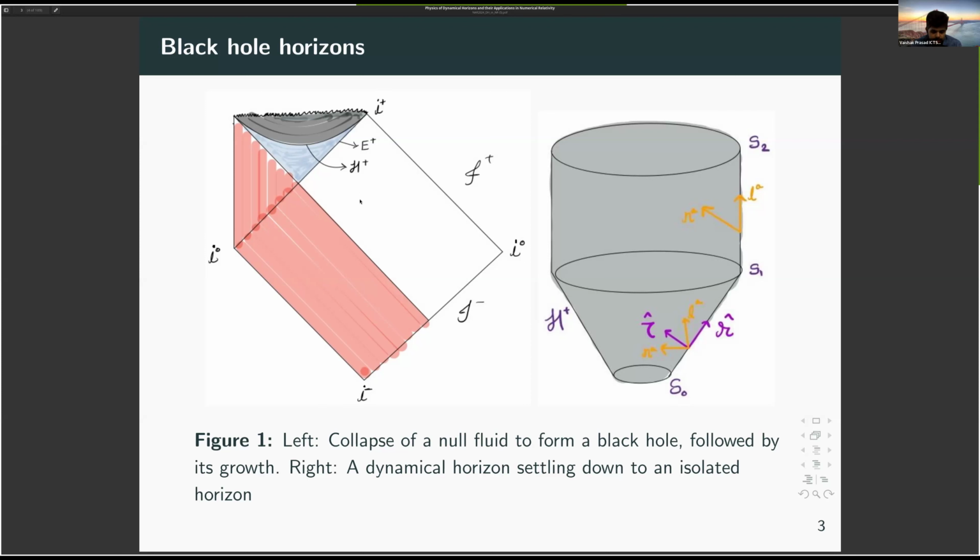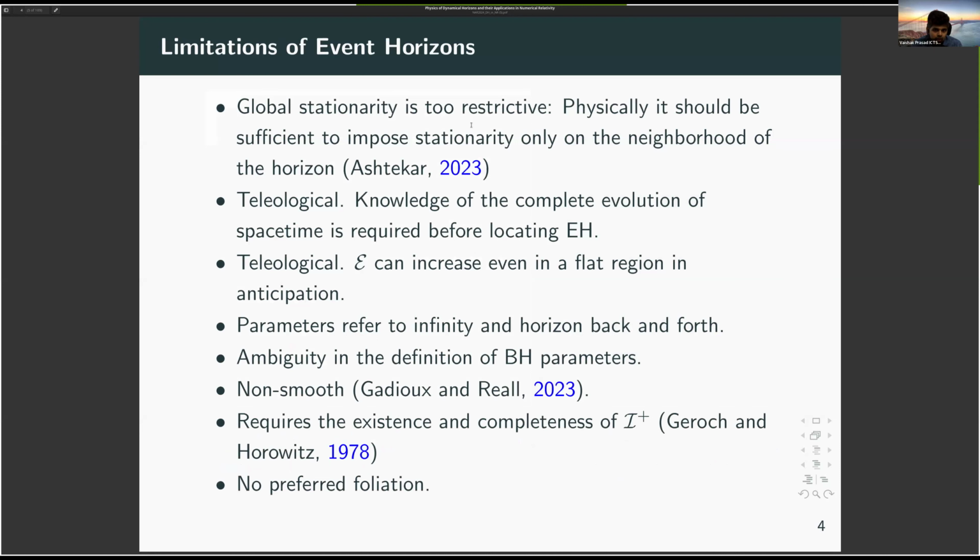Even in that context, the usual way of studying black hole thermodynamics or mechanics is insufficient because of the requirement of global stationarity. We often invoke the presence of a timelike Killing vector field throughout the spacetime, and this just seems unnatural because if we are interested in the dynamics of the black hole itself, why do we have to care about what's happening elsewhere?